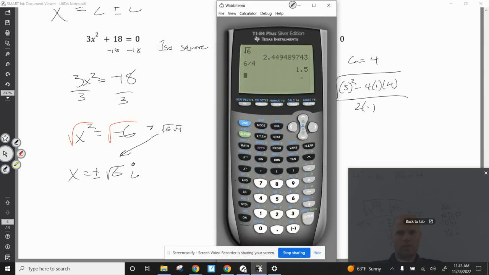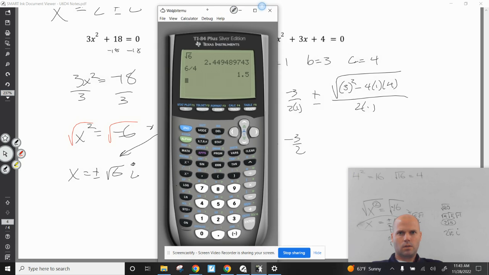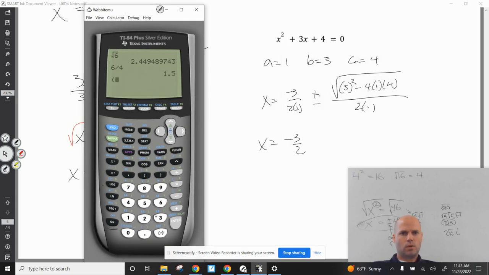The square root, what's inside of it? 3 squared minus 4 times 1 times 4. It's 9 minus 16, which is -7. What's the square root of 7? Because I can't take the square root of -7.